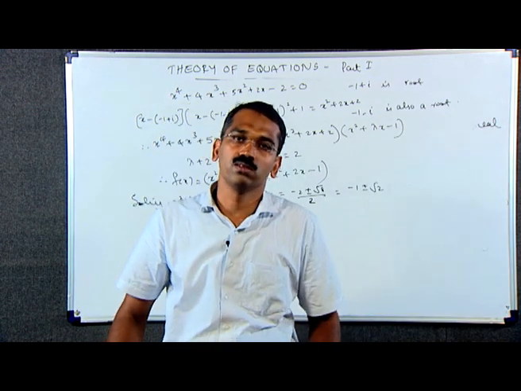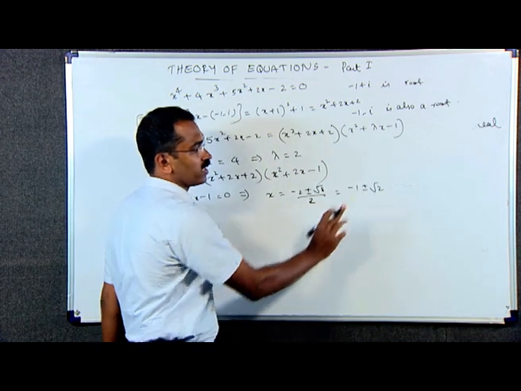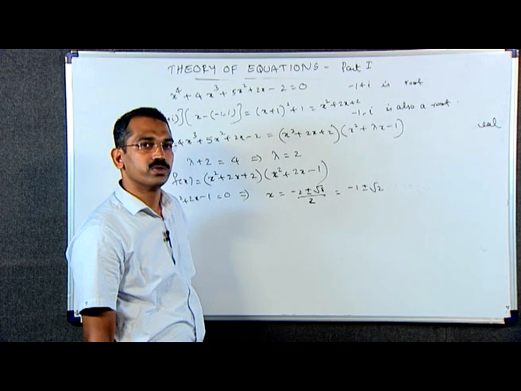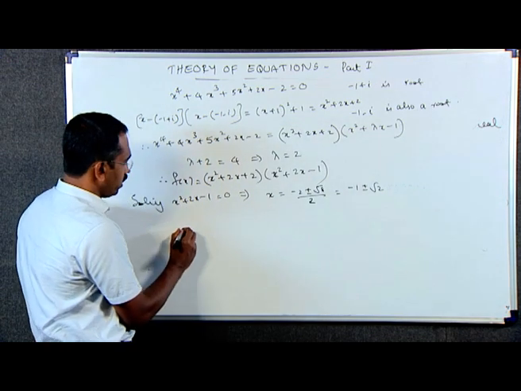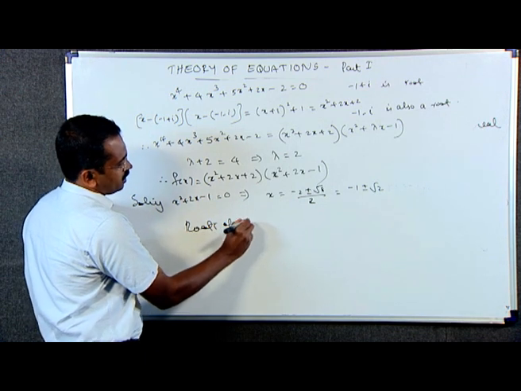When we divide by 2, we get x = −1 ± √2.